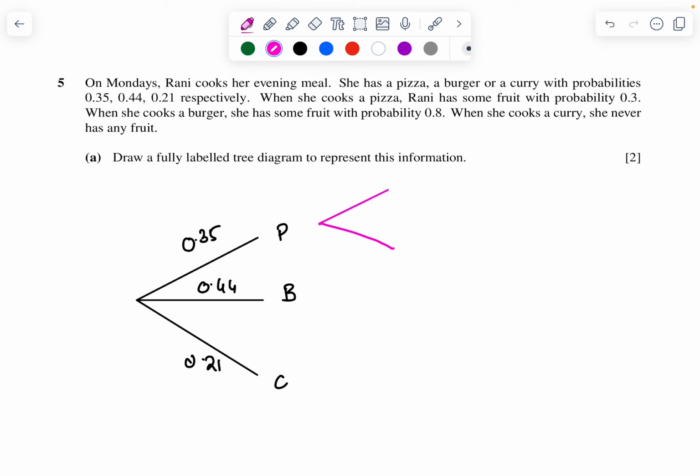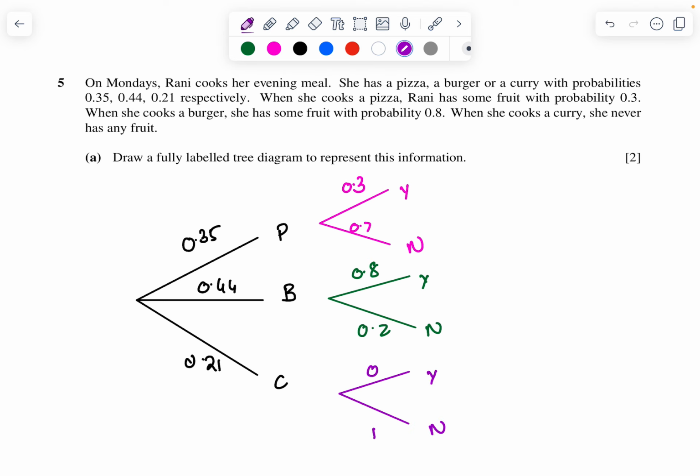So fruit yes is 0.3, no fruit will be 0.7. When she cooks burger, she has a fruit with probability 0.8. Yes and no: this is 0.8, so this has to be 0.2. When she cooks curry, she never has any fruit at all. So yes, no, 0 and 1.